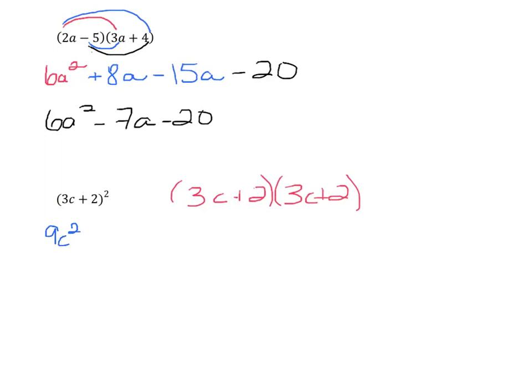So I know there's going to be a plus 2 times 3c times 2. 2 times 3c is 6c times 2, that's 12c. And then plus b squared, 2 squared is 4.